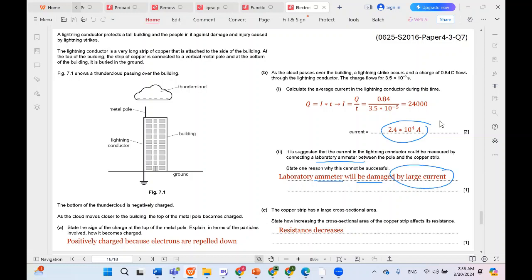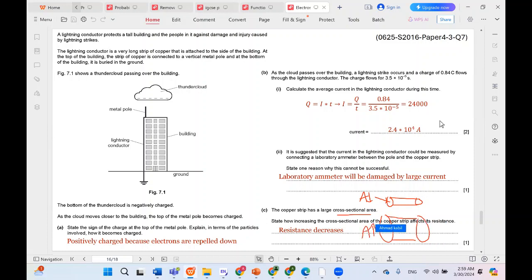Finally, we are told that the copper strip has a large cross-sectional area. State how increasing the cross-sectional area of the copper strip affects its resistance. This is a topic that will be discussed and elaborated further on in another video that has to do with the resistance of a wire. But for now, just keep in mind that the wider or the larger the area of a wire, so if I have two wires, one with a small area here, and another one with a large area, so here we have a big area.